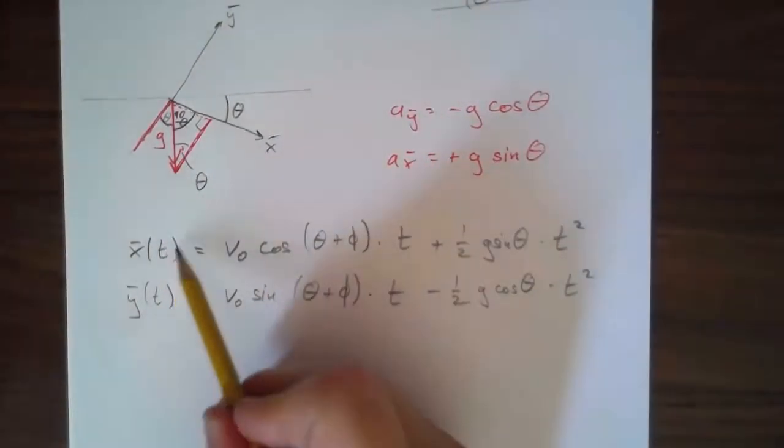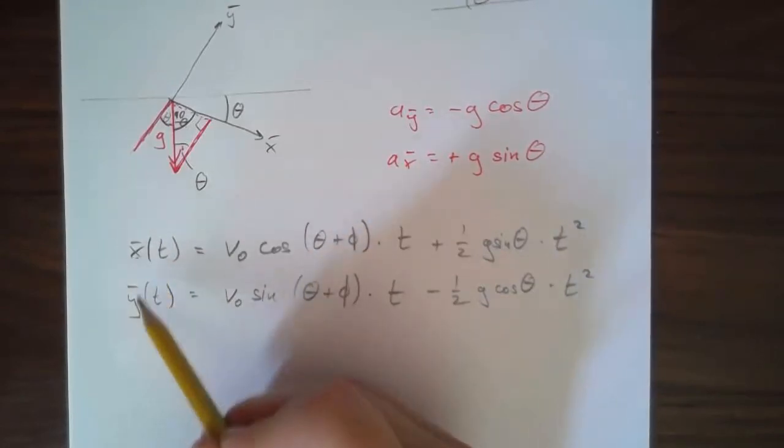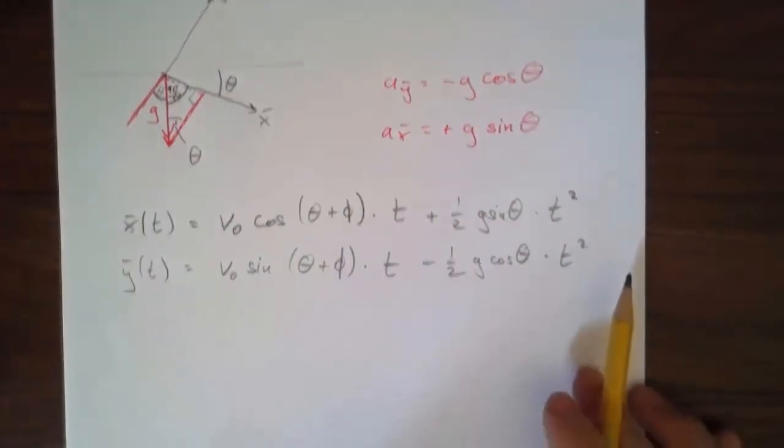So now I have the position in both the x bar and the y bar direction as a function of time for any time.